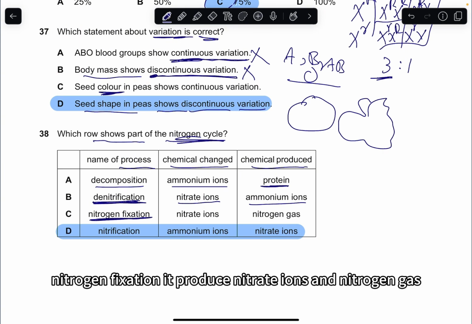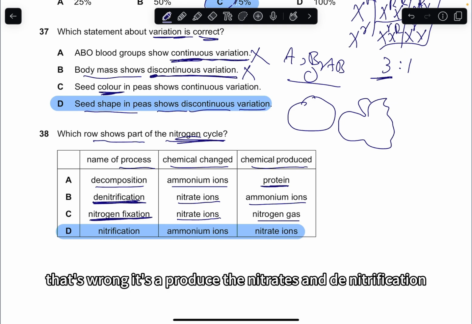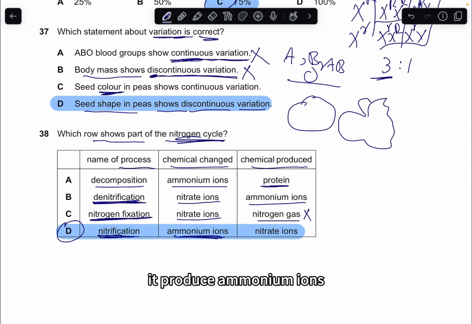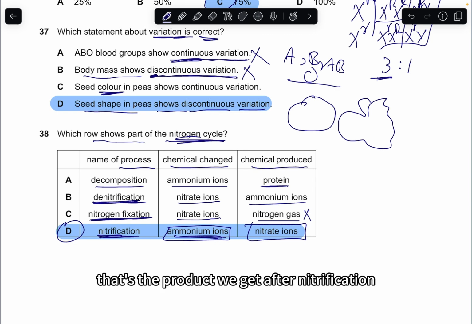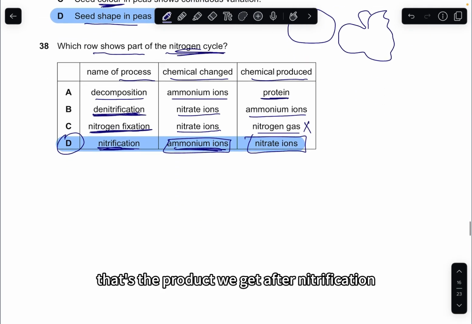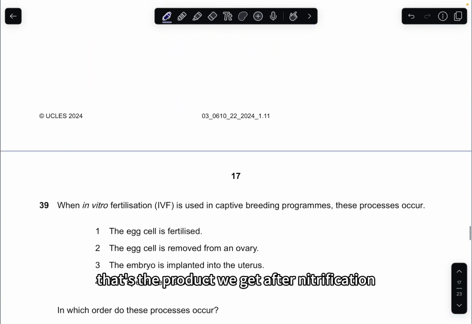Nitrogen fixation produces nitrate ions and nitrogen gas, that's wrong. It produces the nitrates, and denitrification produces ammonium ions, so that is right. And the nitrate ions are the product we get after nitrification.